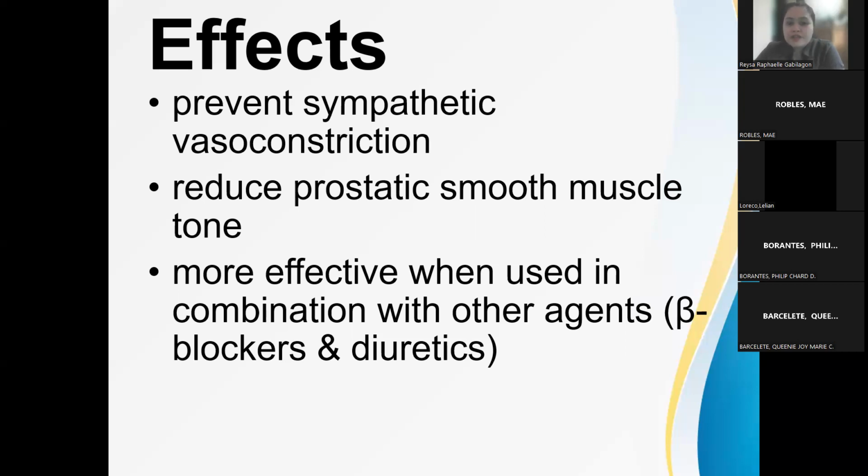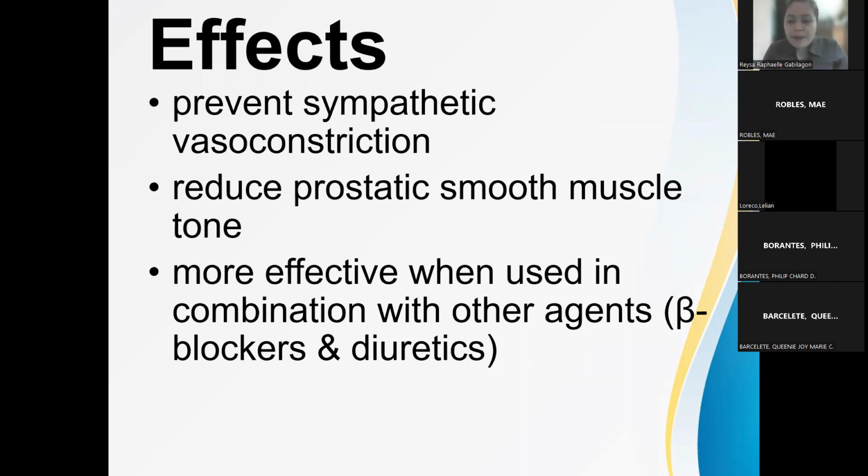Okay? And then, alpha blockers are more effective when used in combination with other agents like our beta blockers and at the same time diuretics. So kaya aside sa marami tayong antihypertensive agents in the market, we also have a lot of combination drugs. By the way, class, we don't combine drugs that have the same mechanism of action, ha?